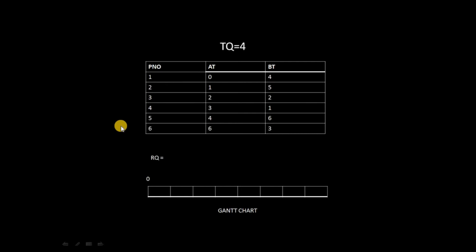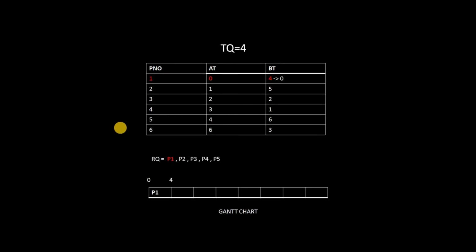So now for the first process, here look at this, here is the request queue and here is the Gantt chart. So for the first process, just put P1 into the Gantt chart. And what is the burst time for the first process? First process burst time is 4. And what is the time quantum?